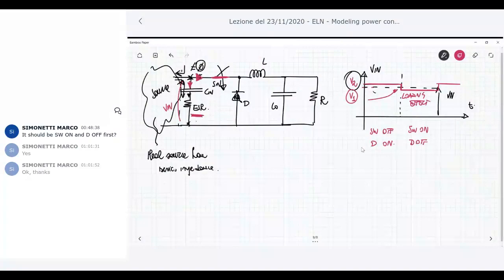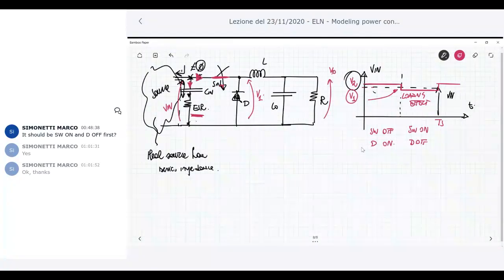It has a periodic effect with period TS, so it bounces between V1 and V2. When the switch is closed and the diode is off, this voltage V1 appears exactly here, and this is the voltage which is responsible for the output voltage V0.